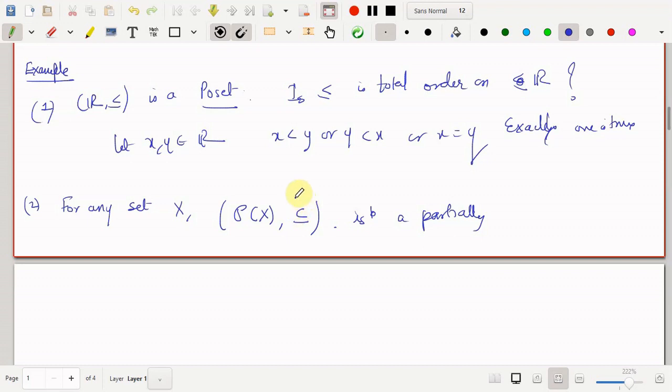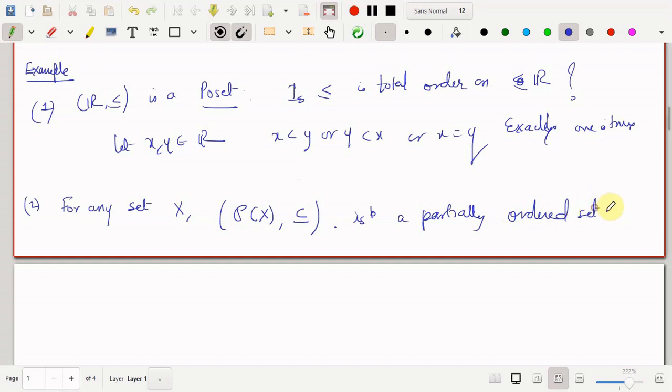Then it is antisymmetric, that is whenever we have two subsets of x with the property that A is contained in B and B is contained in A, then this implies that A is equal to B by the definition of equality of two sets. And thirdly, whenever we have A contained in B and B contained in C, then obviously A will be contained in C. So therefore this is a partially ordered set.